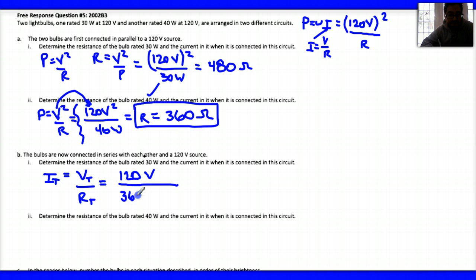So 360 ohms plus 480 ohms. And I get a total current in this case of 0.143 amps, or 143 milliamps. So resistance is the same, 480. I should write that.